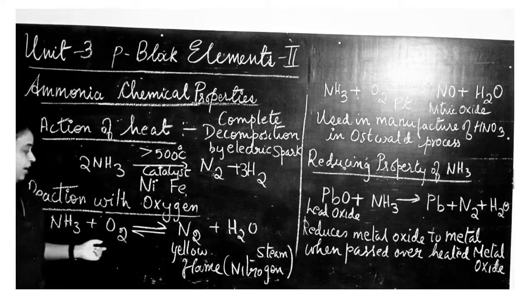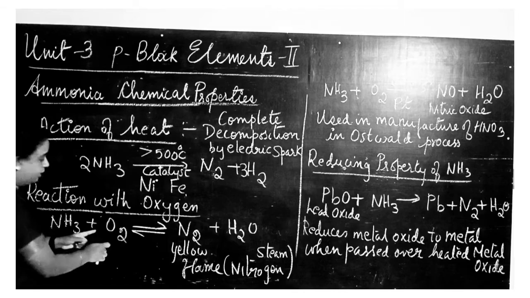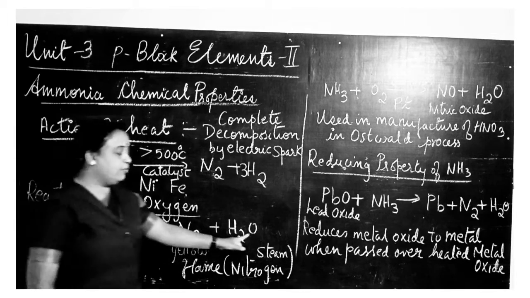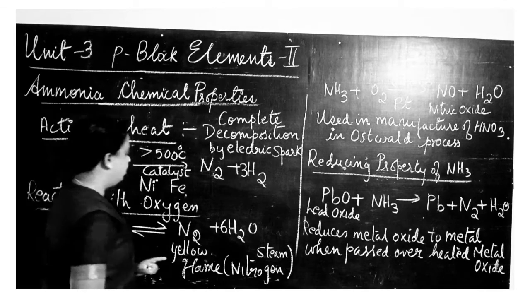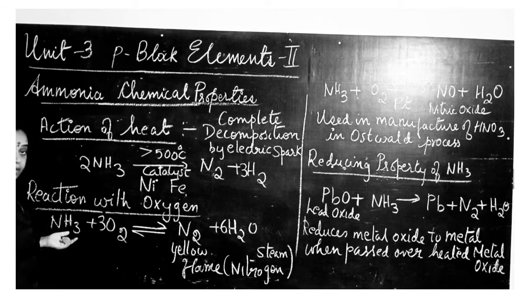Now let us balance this reaction. Next to oxygen I put 3, so here it becomes 6 oxygen atoms, whereas on the other side there is only 1 oxygen atom, so I put 6 there. Now hydrogen is 12 on one side, whereas on the other only 3, so I put 4 there.